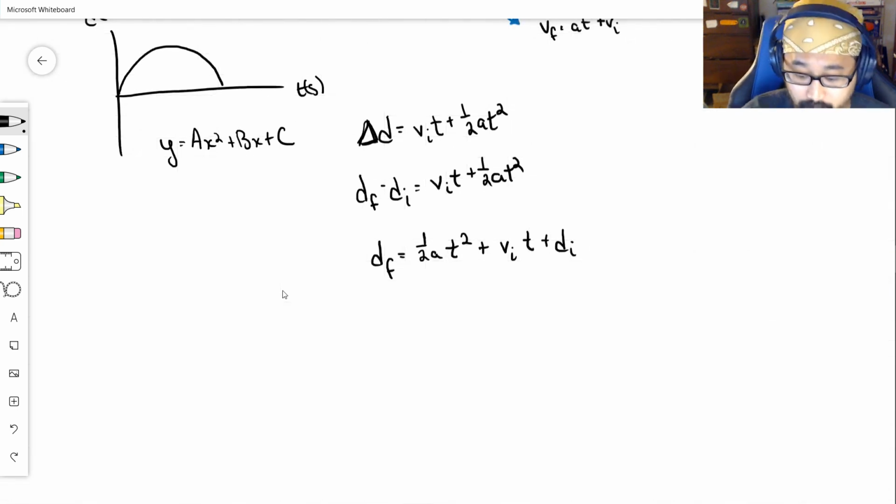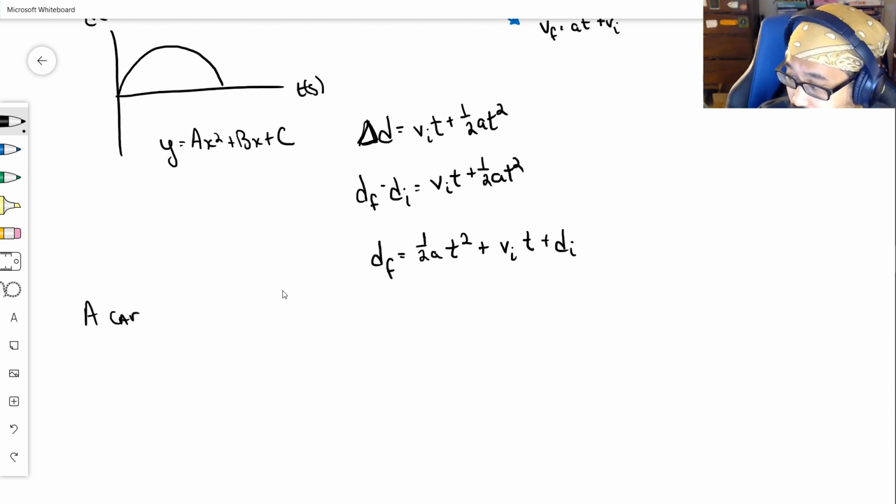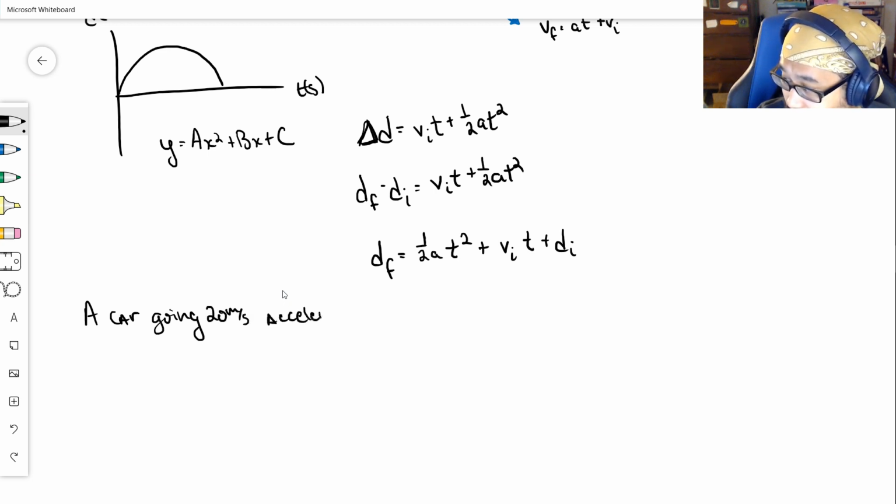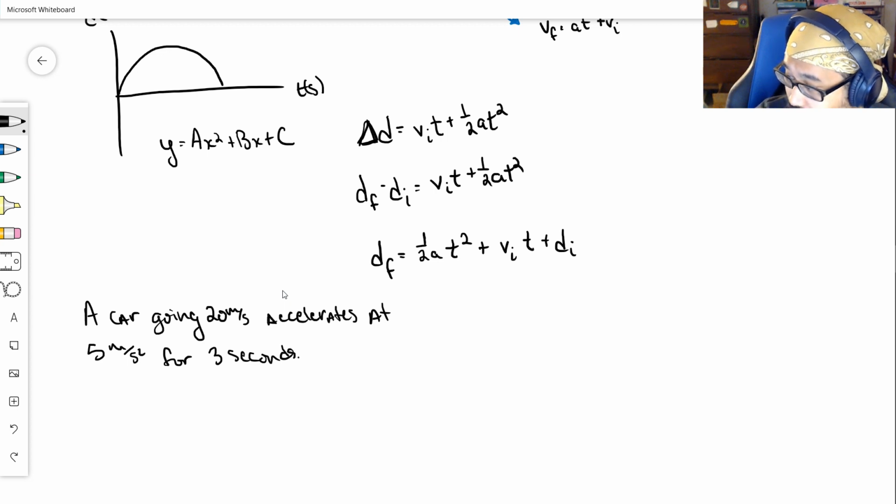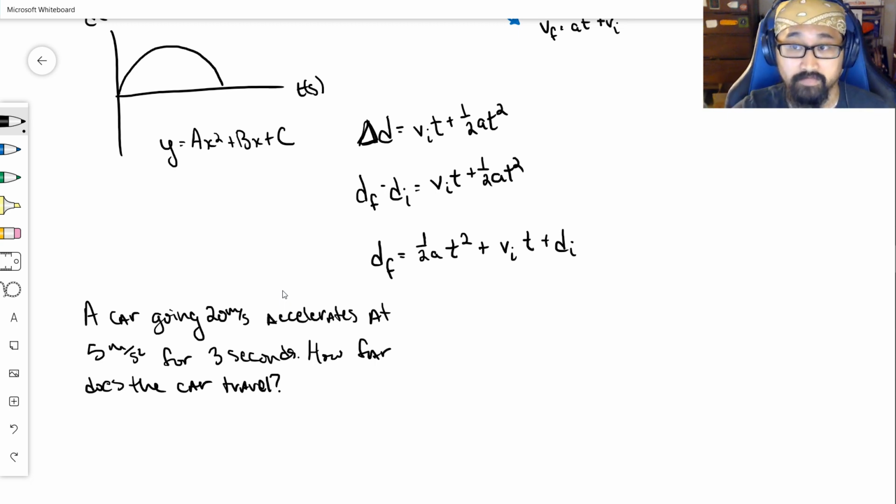And you might see something like a car going 20 meters per second accelerates, let's say 5 meters per second squared for 3 seconds. And I might say, how far does the car travel?